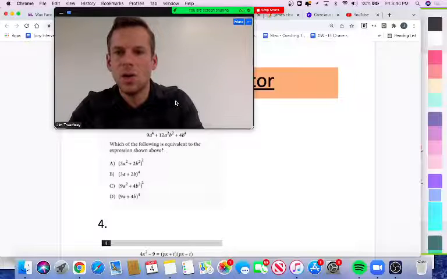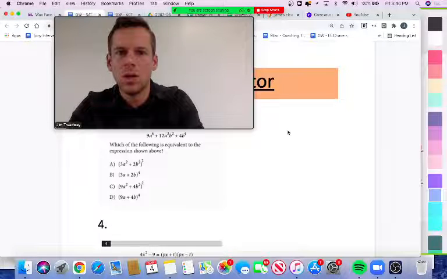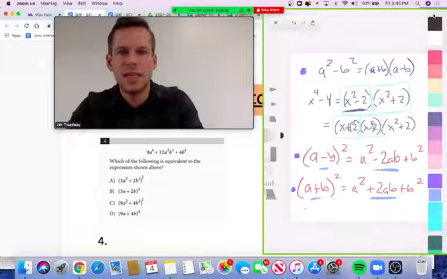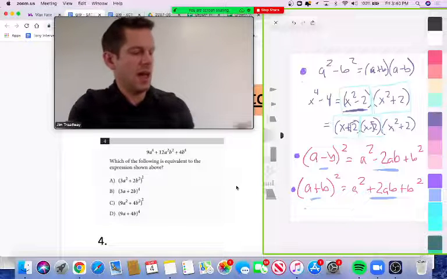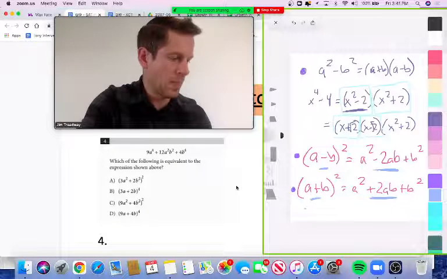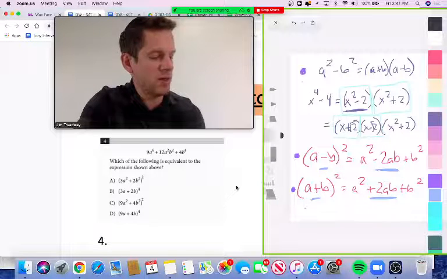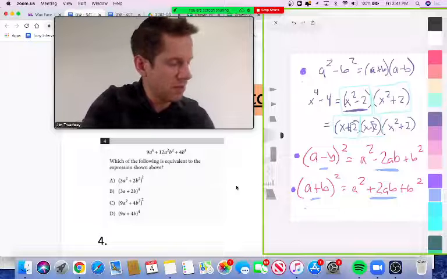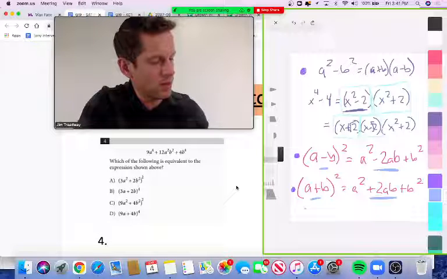All right, so question 4 here from an SAT looks like it's going to have to do with the square of a plus b. It just looks like that whole a squared plus 2ab plus b squared thing I showed you before. So let's see if we can figure this out.